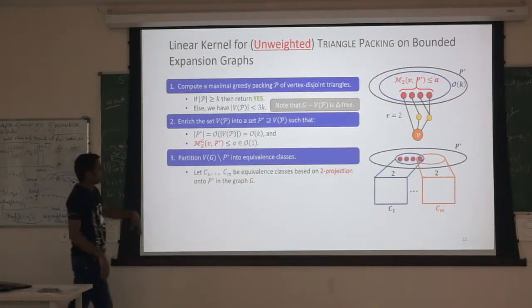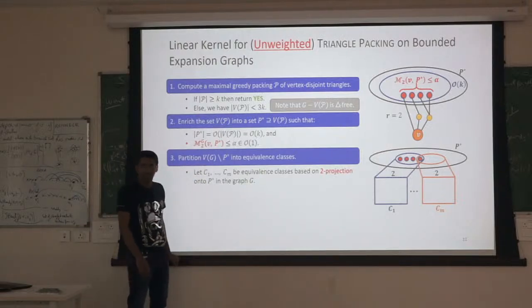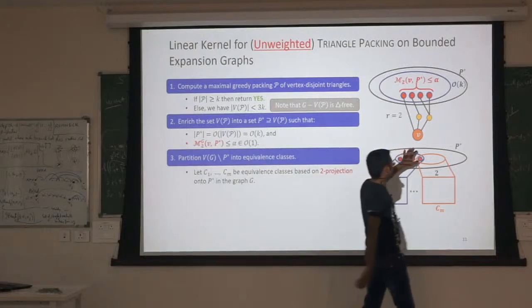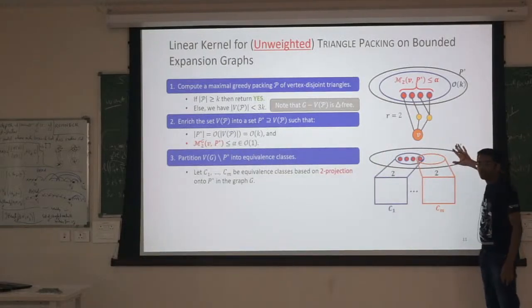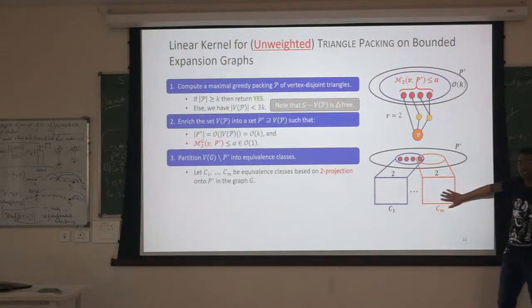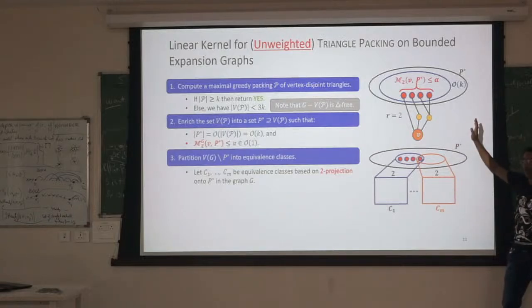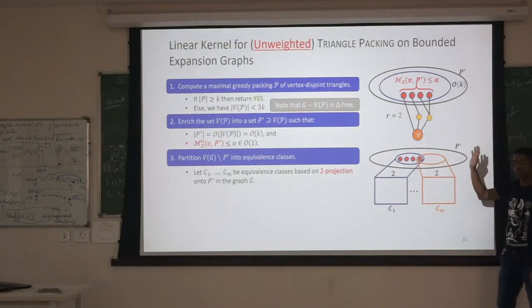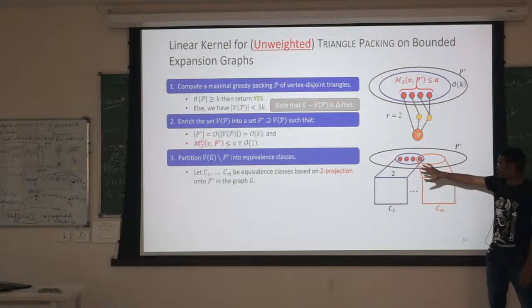Now we partition based on this. Note that this set is in some sense small. If we have to ensure that the overall graph has only order k vertices, then we have to ensure that everything outside has order k vertices only.